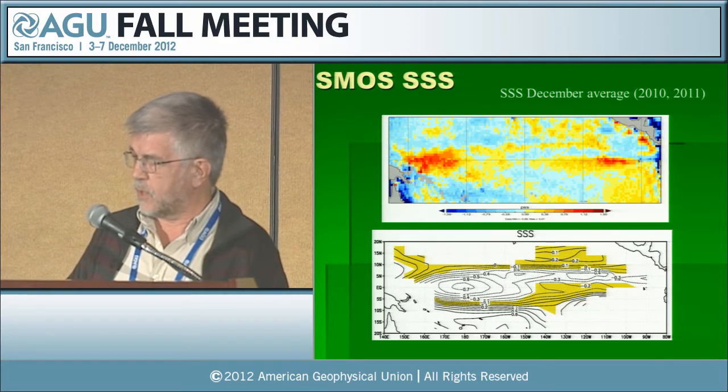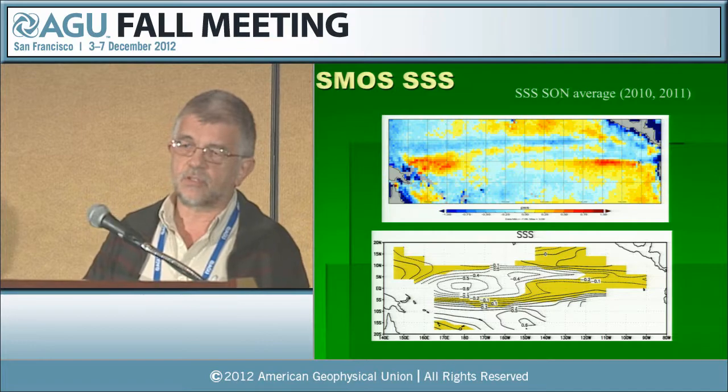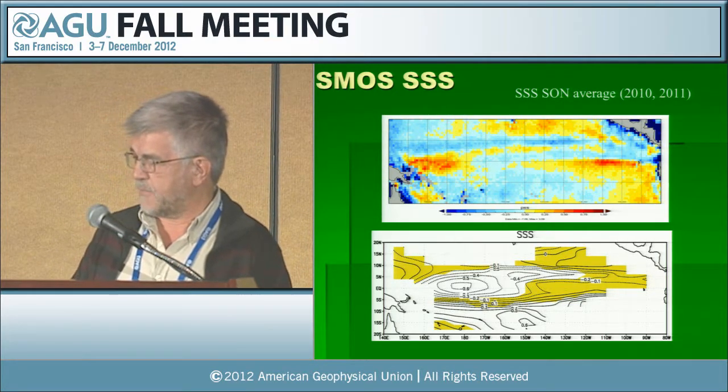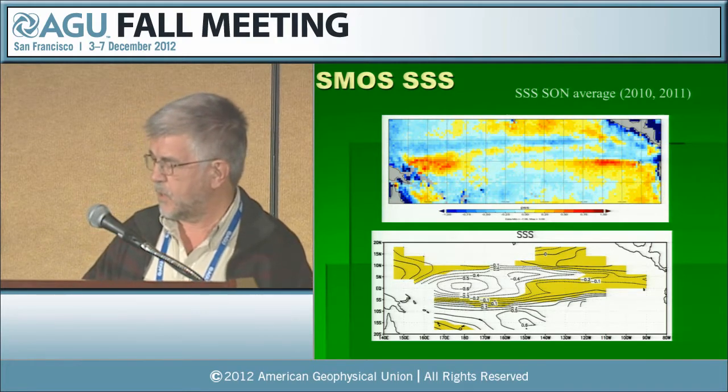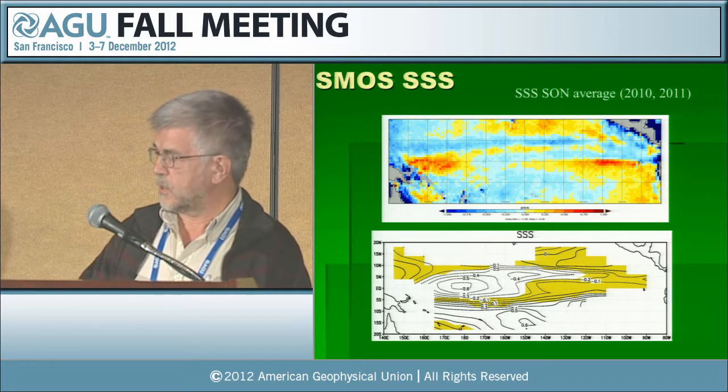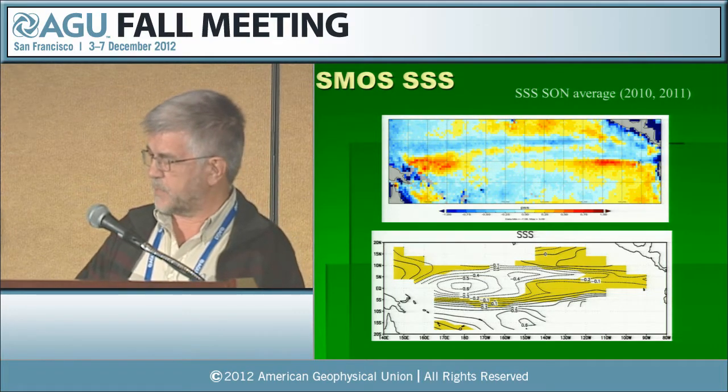And also, if we go to the three months previous to the peak of the event, that is an average of September, October, November, we see that there is also quite good coherence in the spatial structures.